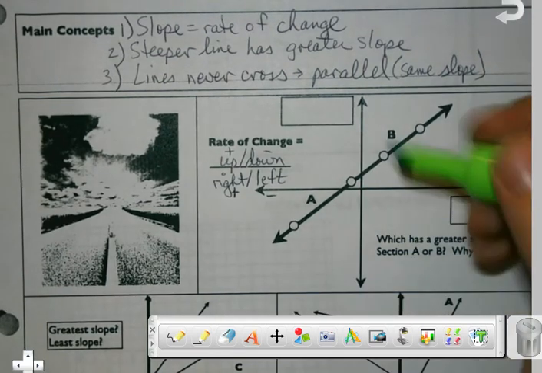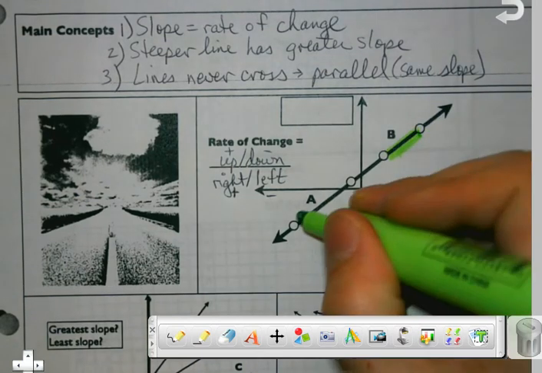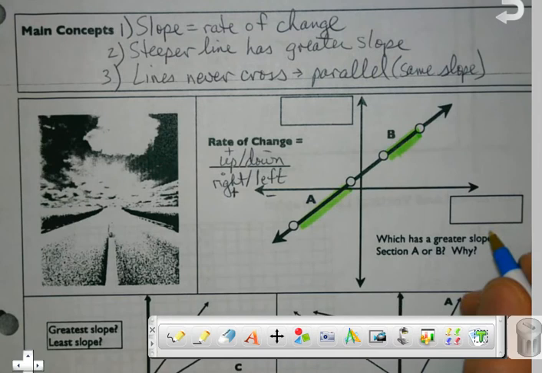Because here, if I look at B and I look at A, they're both on the same line. Yep, when I go right, it's a positive. If I go left, it's a negative. So when I'm looking at the rate of change for A versus B, the dots may be further apart, but they don't have a greater slope.